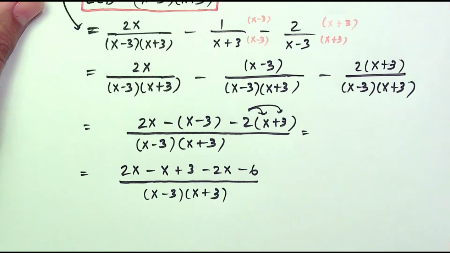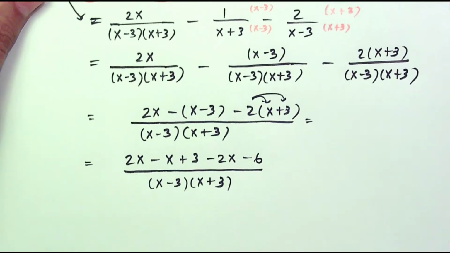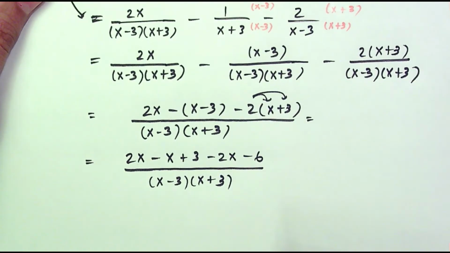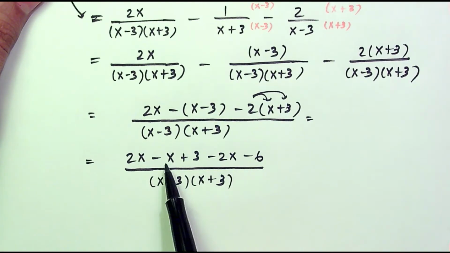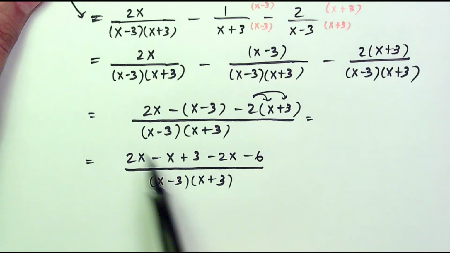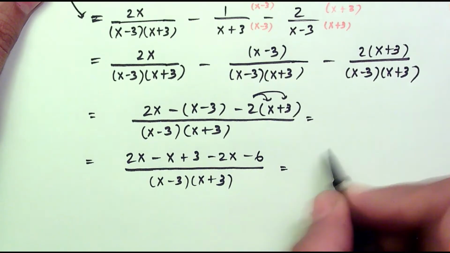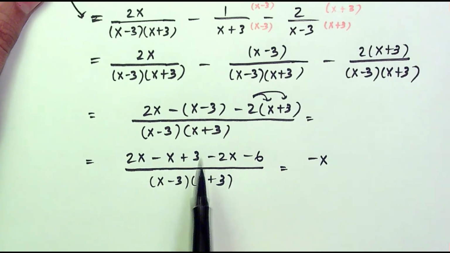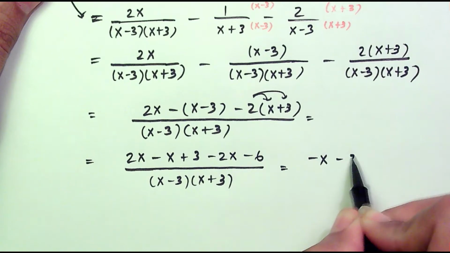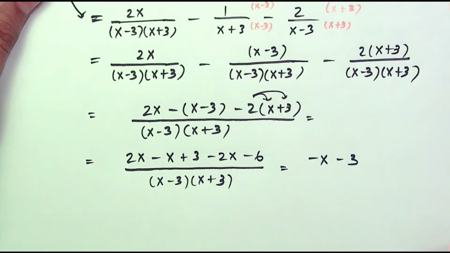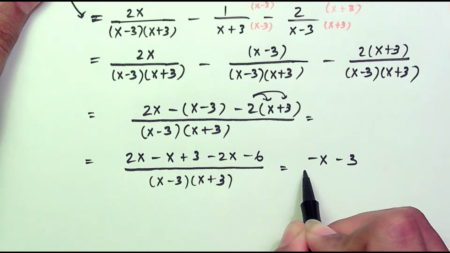And then combine like terms. So 2x and this negative 2x cancel each other, so we only end up with just this negative x. So you have just negative x on the top. And then the 3 and minus 6, that would be minus 3. So you have on top negative x minus 3.